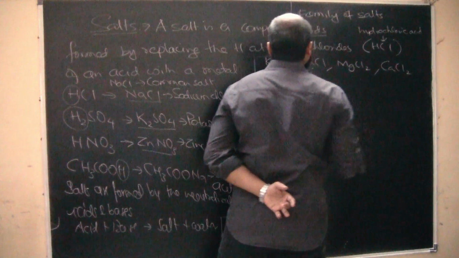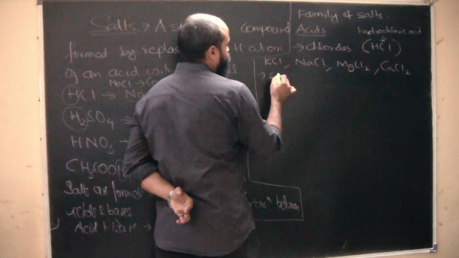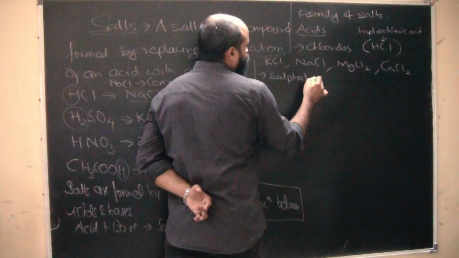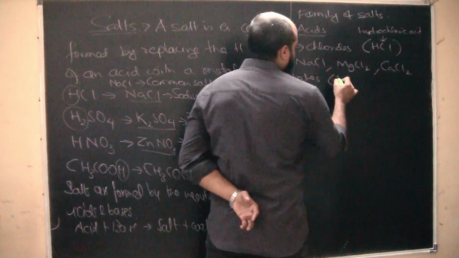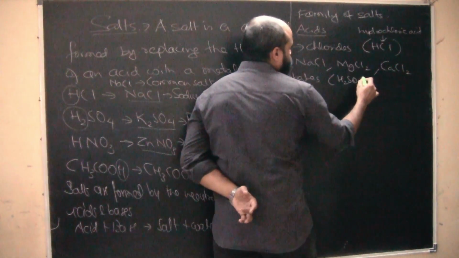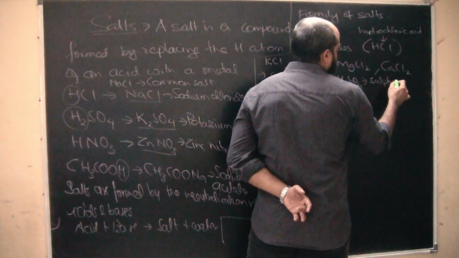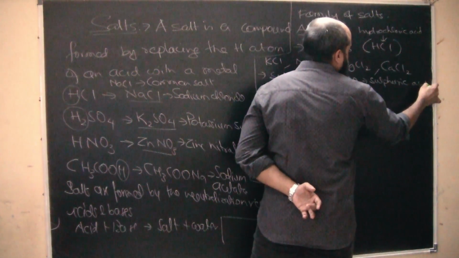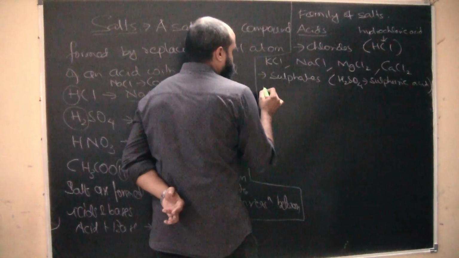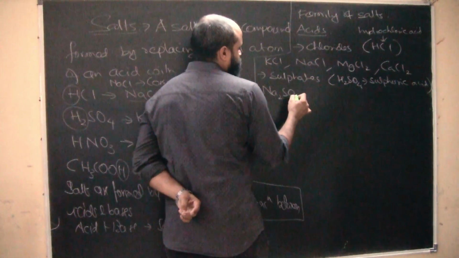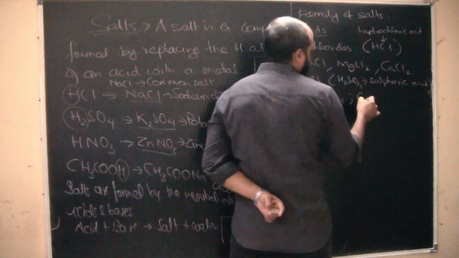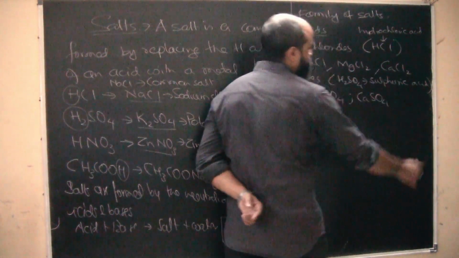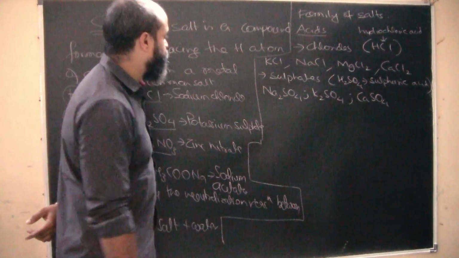In the same way, we have sulfates. Sulfates are salts of sulfuric acid, so the primary ingredient here will be sulfuric acid. What are the salts that we have in sulfuric acid? Sodium sulfate, potassium sulfate, calcium sulfate. All these are sulfates.